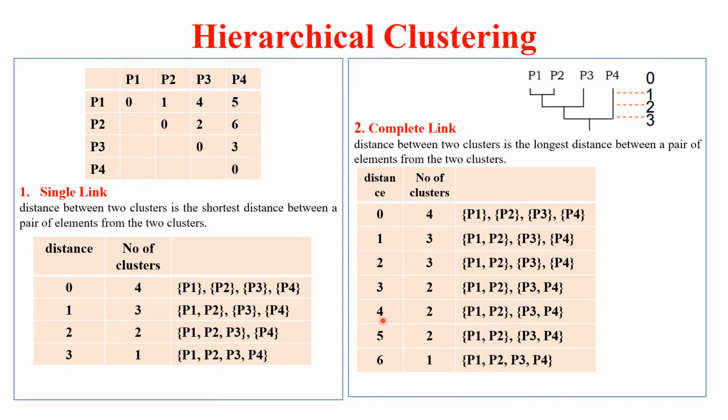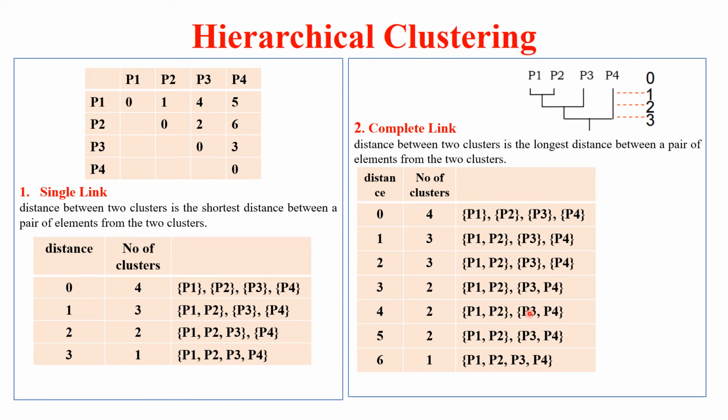So when the distance measure is 4, we need to check whether we will be able to merge these two clusters, but that's not possible because when the distance measure is 4, both P1, P2 should be at a distance 4 with these 2 points. So that's complete link.